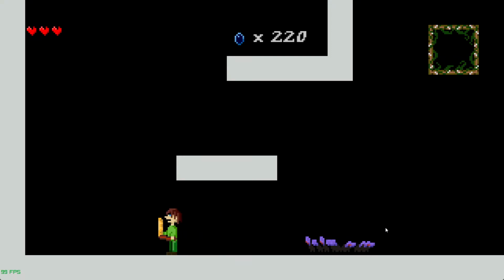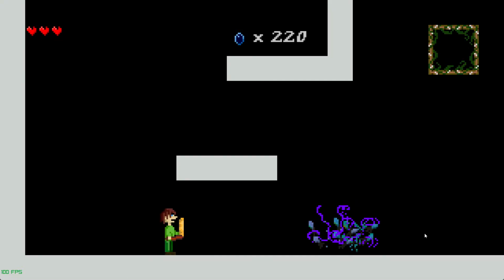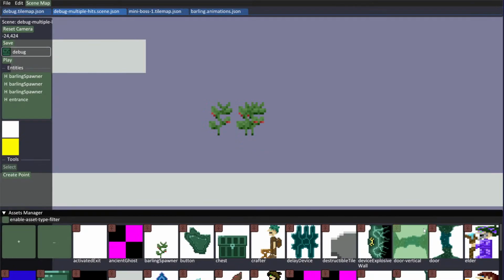No, they're still up there. What if I move you up? Will you go down to ground level? Yeah, okay. So it's like the collision system is fixing that. Okay. Right.